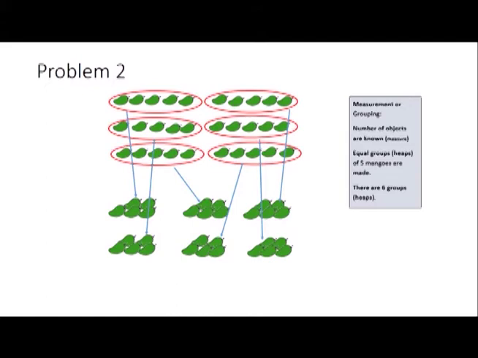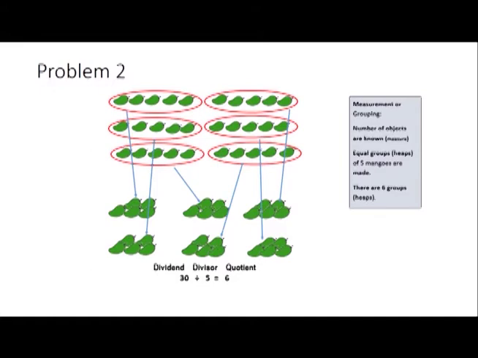We have used very easy numbers to demonstrate this. But of course, we know you will work with these types of problems with much larger numbers. And again, we have our same number sentence. This time, our dividend again refers to the number of objects in the large set, which is the number of mangoes, and that is 30.